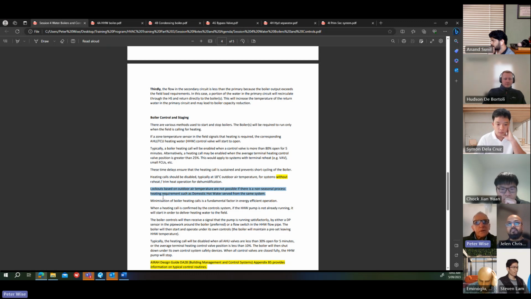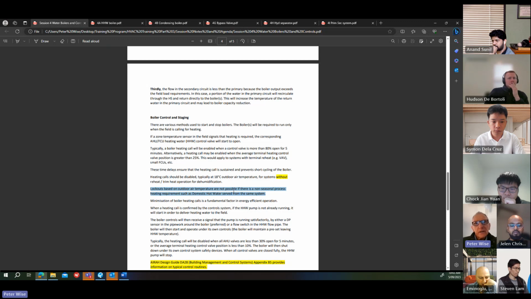Lockouts based on outdoor air temperature are not possible if there is a non-seasonal process heating requirement such as domestic hot water. So you don't want to lock out the heating if you've got something that's relying on the heating source at all times. So if you've got a domestic hot water system attached to the heating water system through a heat exchanger or calorifier, you need to keep that online 24/7.